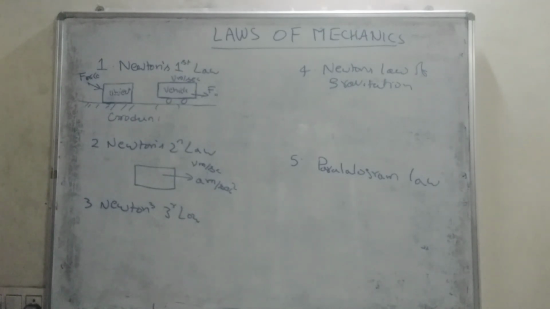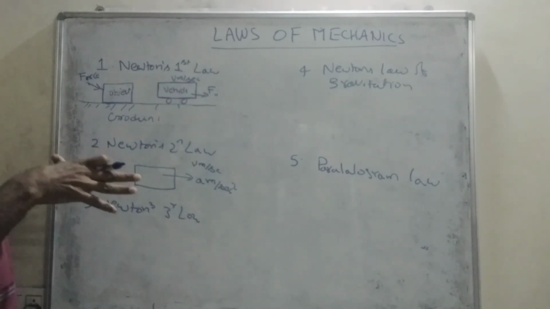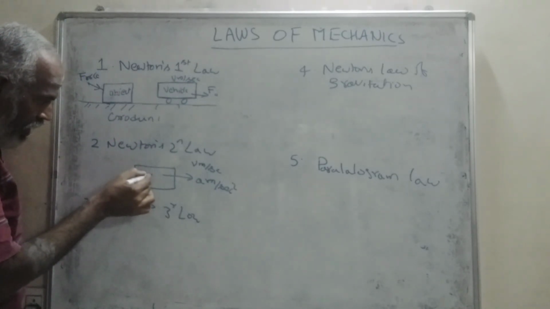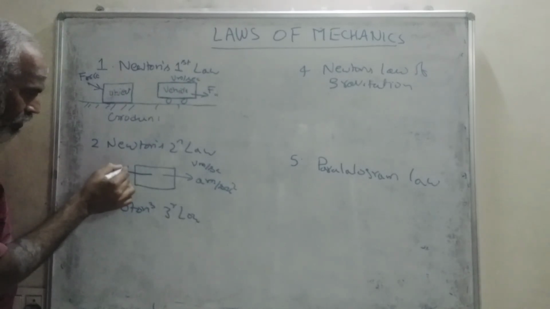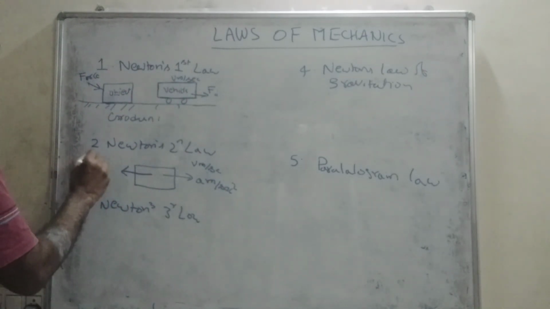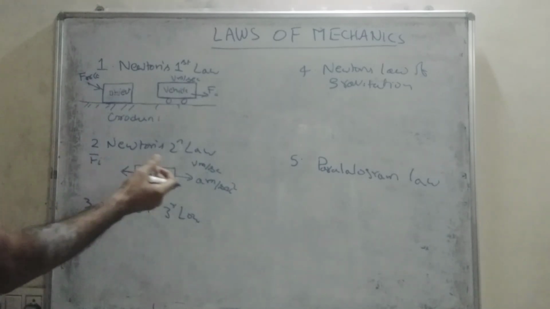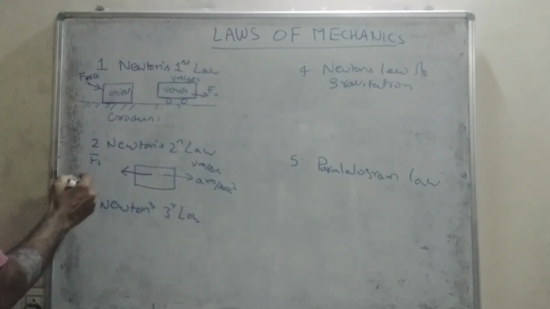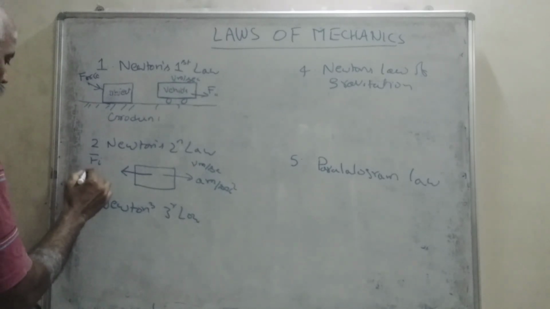This can be assumed to be at rest if you apply a force which is equal to the inertia force, which is equal and opposite to the resultant force of the directional force, of magnitude mass into acceleration.